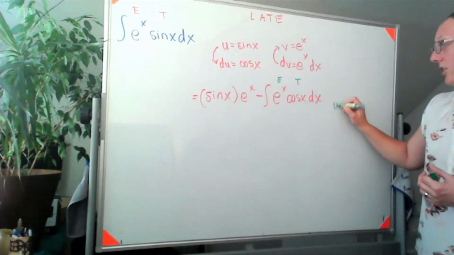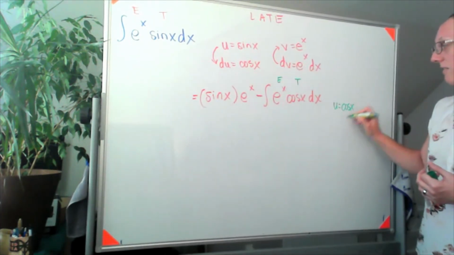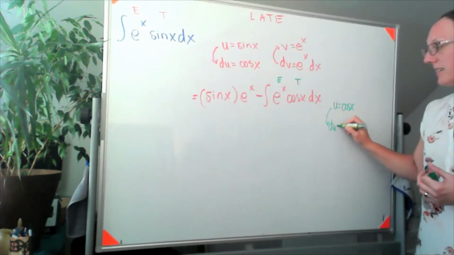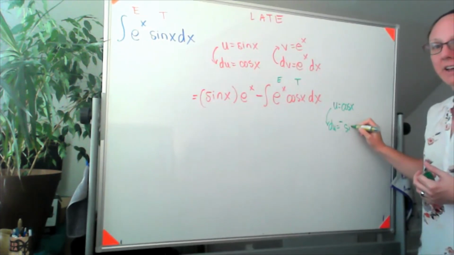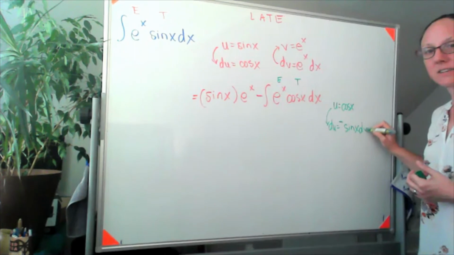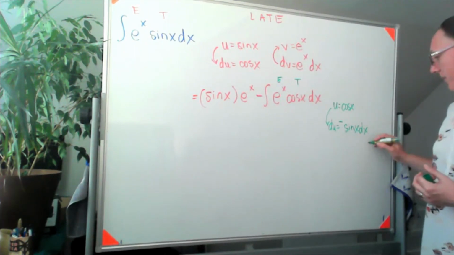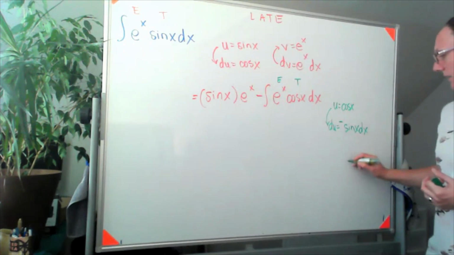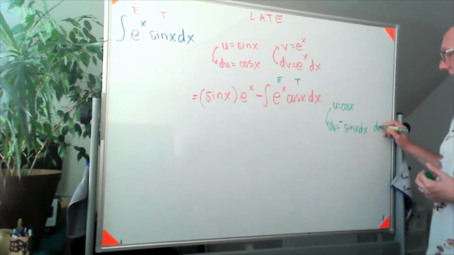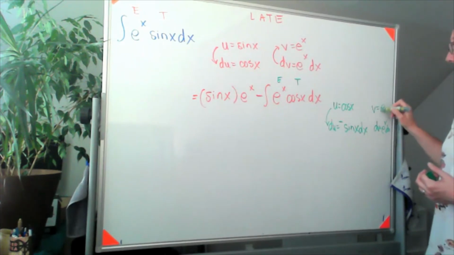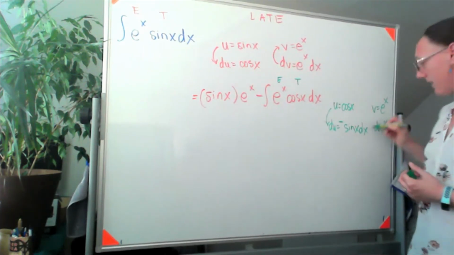If u is equal to cosine of x, then du must be negative sine of x dx. And if dv is e to the x dx, then v must be e to the x.